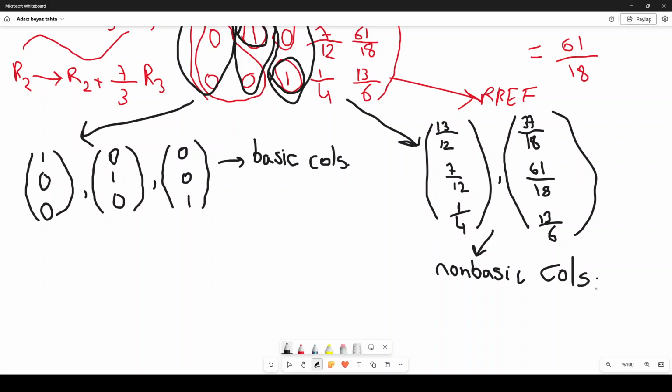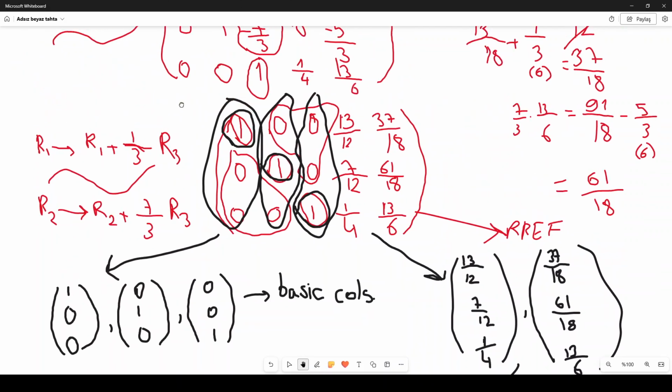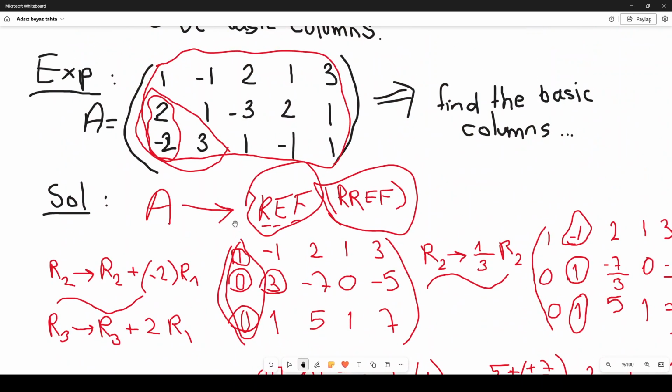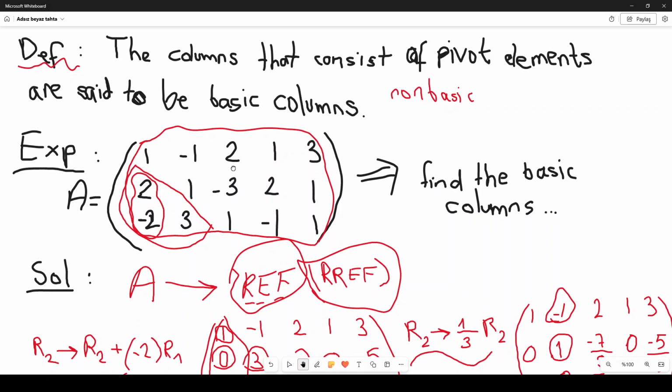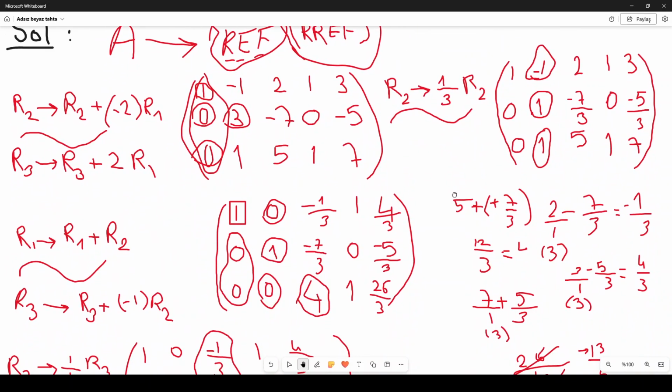So we now obtained basic columns and non-basic columns, and we know how to find them, right? The basic procedure works as the following. We first convert our given matrix into either reduced echelon form or row echelon form by applying either the Gaussian elimination method or the Gauss-Jordan method, depending on our choice.